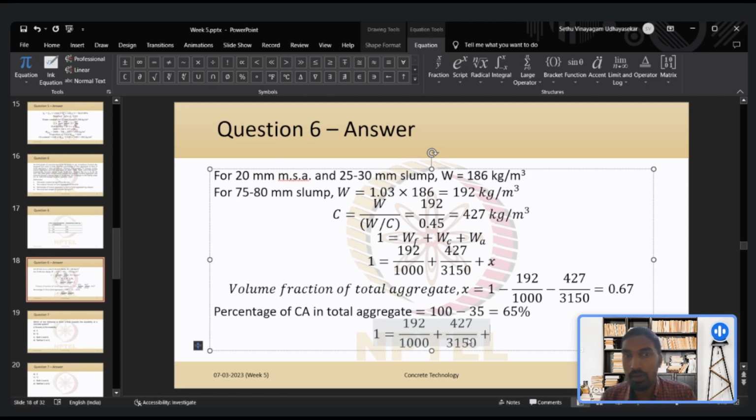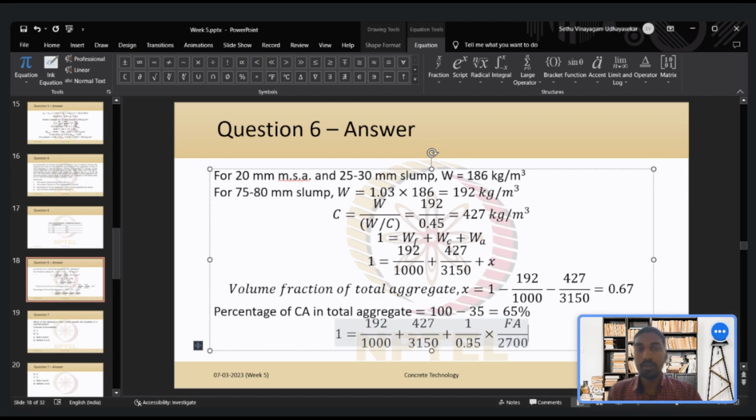And then for the fine aggregate, it is 1 by 0.35 times whatever the fine aggregate content Fa is, divided by its unit weight, which is 2700.